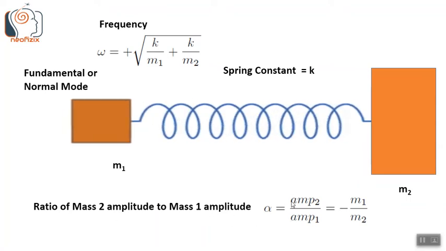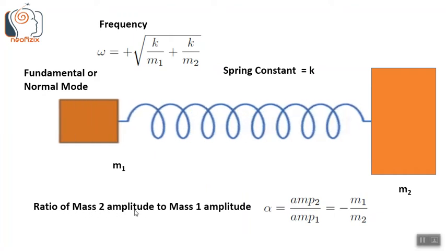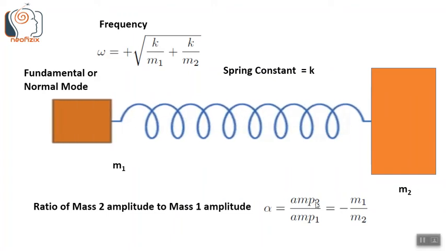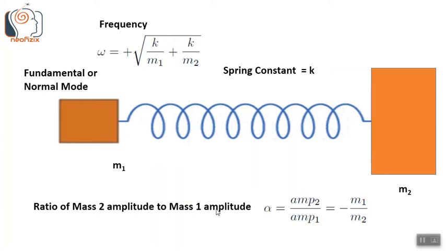That is, alpha is defined as the ratio of the oscillation amplitude of the second mass, amp2, to the amplitude of the first mass, amp1. So alpha equals amplitude 2 by amplitude 1, which turns out to be minus m1 by m2.